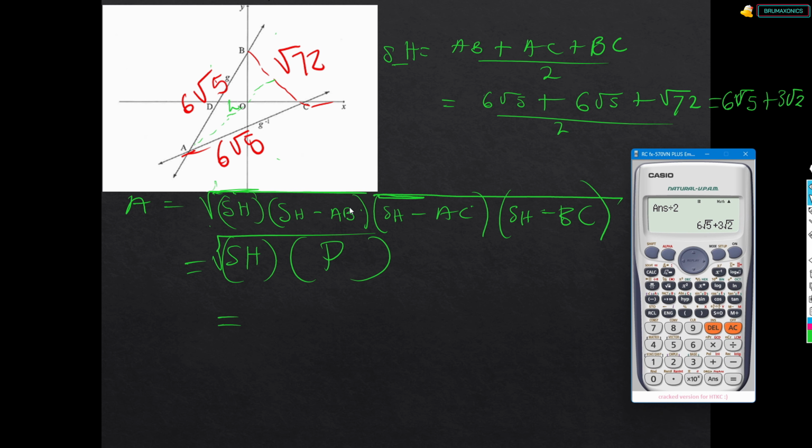So SH is equal to this, and this is our answer, right? Sorry, what's our answer? 6 square root of 5, plus 3 square root of 2. This is our answer, right?